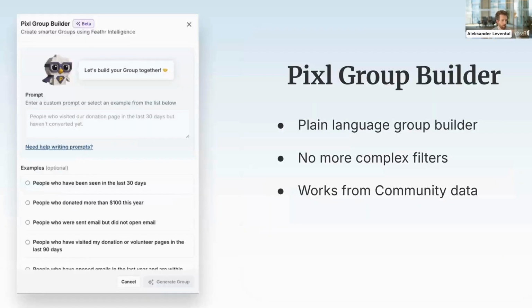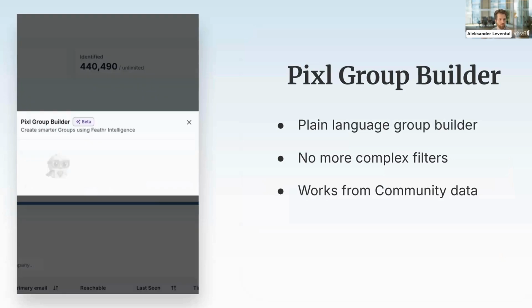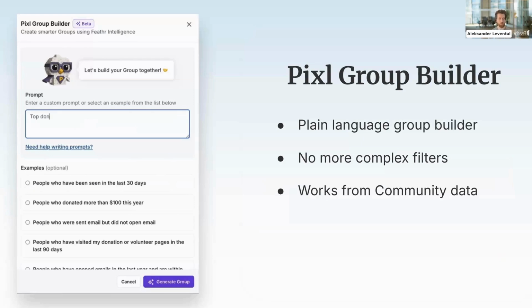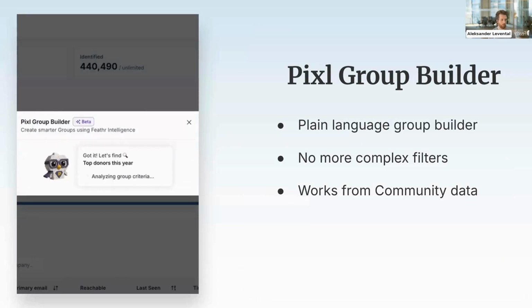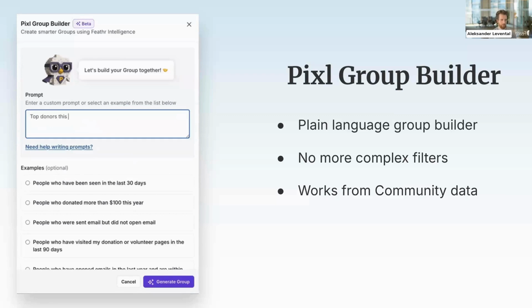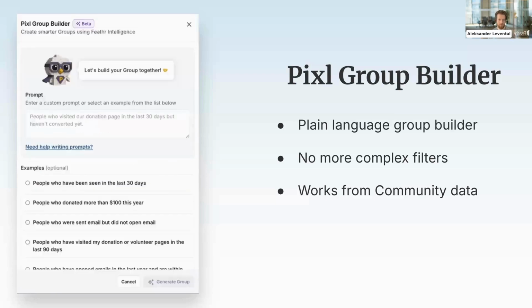Two that we're really gonna dig deep on and spend some time with is what we're calling Pixel Group Builder, which is an AI-based segmentation engine. If you have dealt with segmentation in Feathr or in a tool like Feathr before, you will be well aware that it can be quite complicated, right? It can be intricate to use, and you'll see an example of how even in Feathr, despite us doing our best, it can be a little bit difficult to do powerful segmentation.